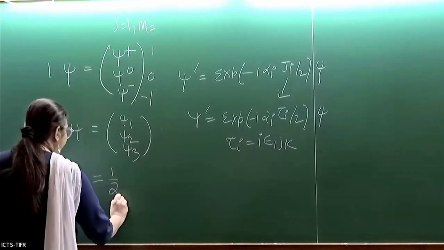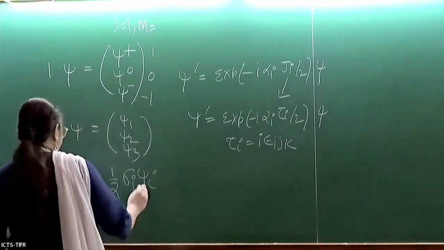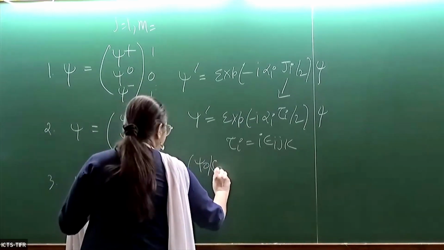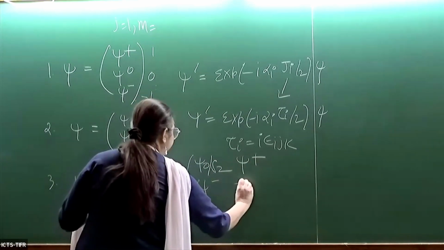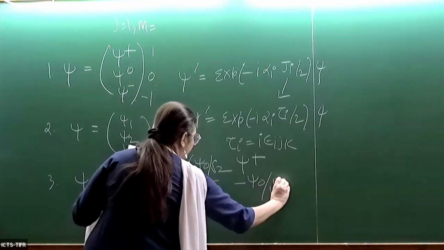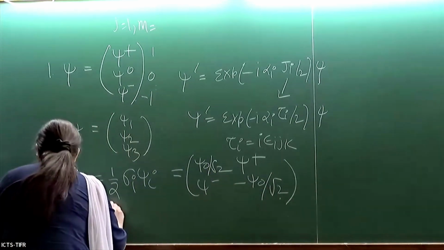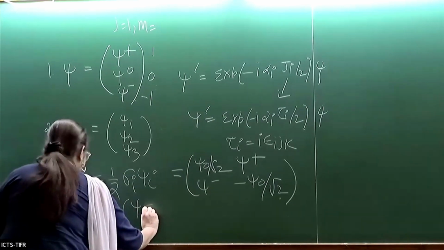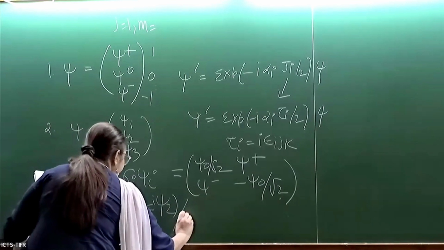Another is I write psi as half sigma_i psi_i. This is equal to the 2 cross 2 matrix with psi 0 by root 2 and psi plus, psi minus and minus psi 0 by root 2, where psi plus minus are psi 1 minus plus i psi 2 by 2.